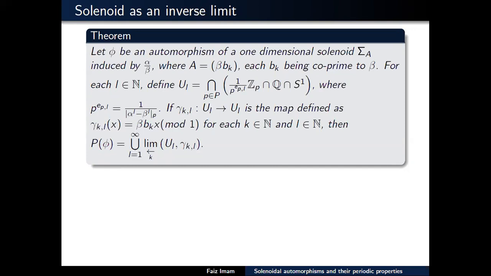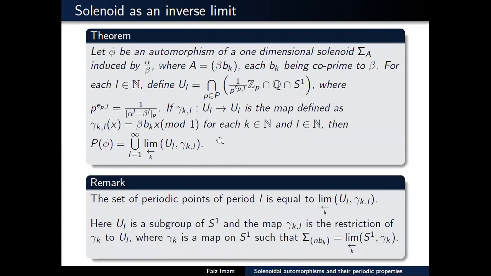On that, I would like to make a remark. I have shared the article on which this talk is based, so you can find a proof of this theorem there. UL is a subgroup of S1, that is the unit circle, and this map gamma KL is the restriction of gamma K to UL.